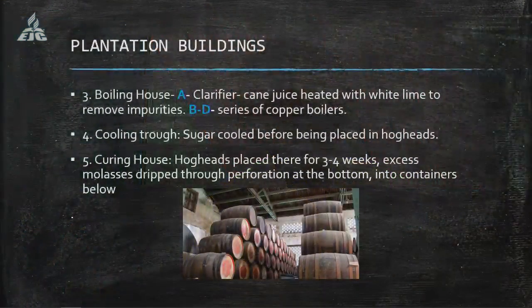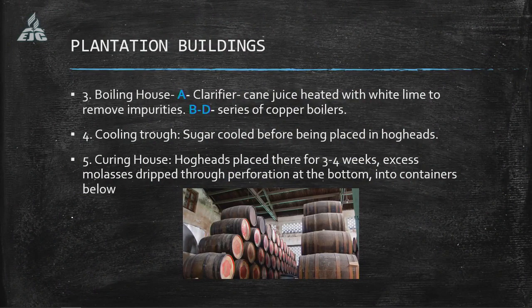After the trash house, you have what is called the boiling house, where the juice from the sugar cane would be boiled to remove impurities and so forth. After the sugar juice was boiled, it was sent to the cooling trough where the sugar would be cooled.